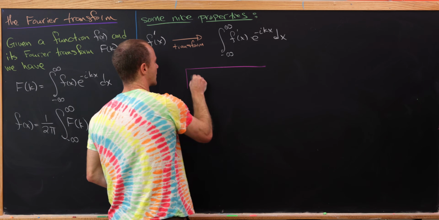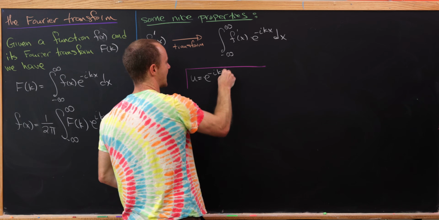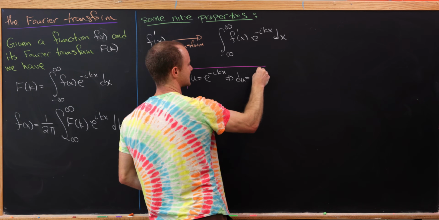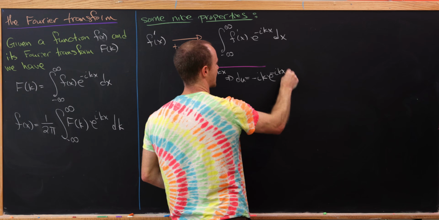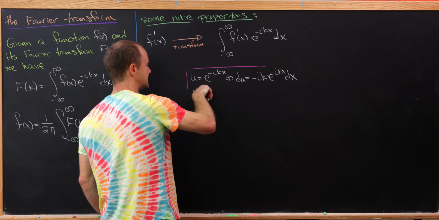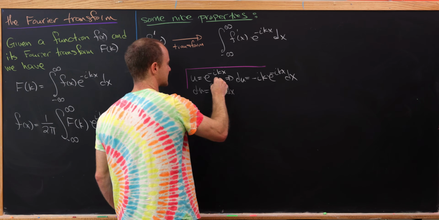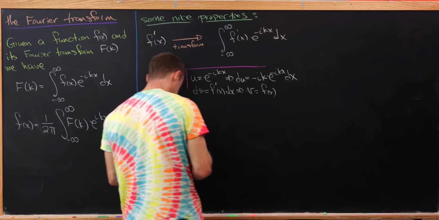So we're going to set our u part equal to e to the minus i k x. And so that makes du equal to minus i times k times e to the minus i k x dx. And then we'll take our other part, dv, equal to f prime of x dx. But that means that v will simply be f of x.